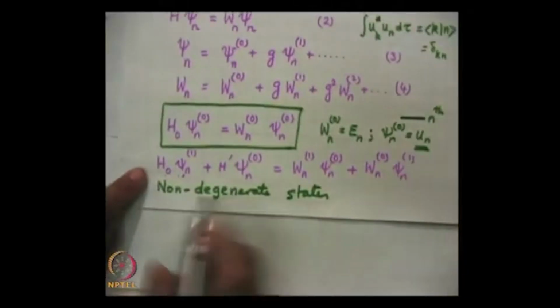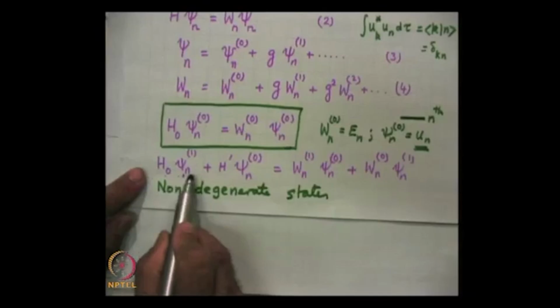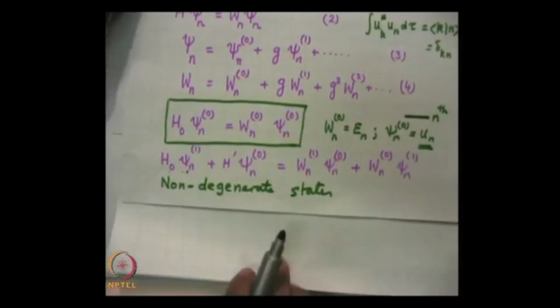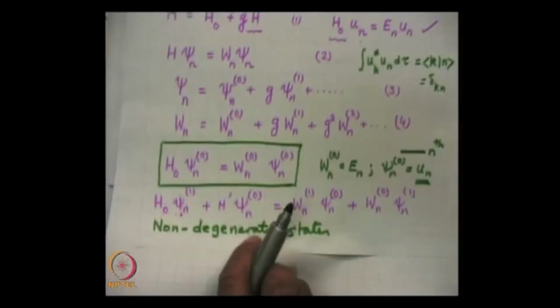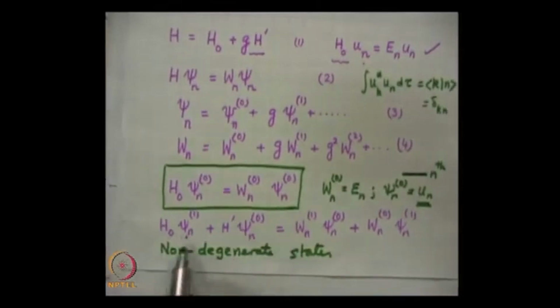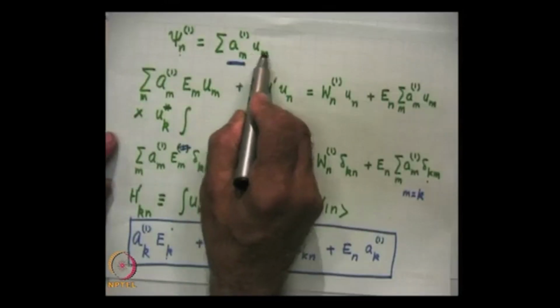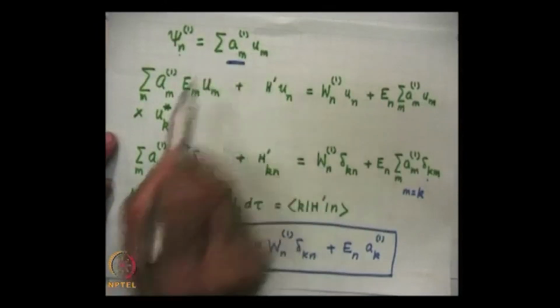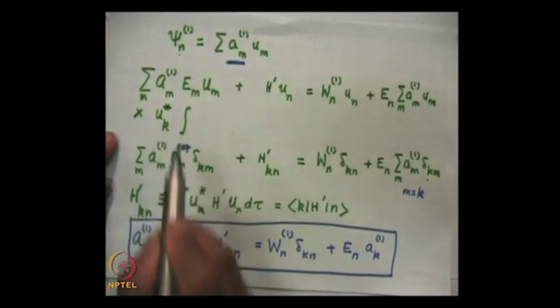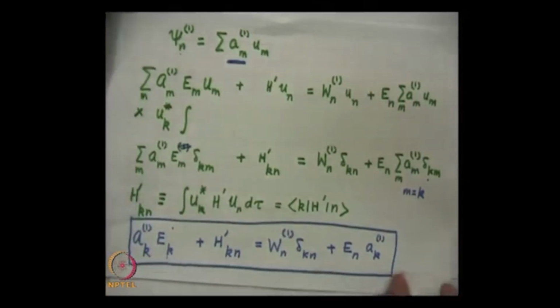And this also follows from, if you recollect, that we had started with this, and then we said that we wrote down psi n 1 as sum of E m 1 E m, then we multiplied by u k star and had obtained this equation.